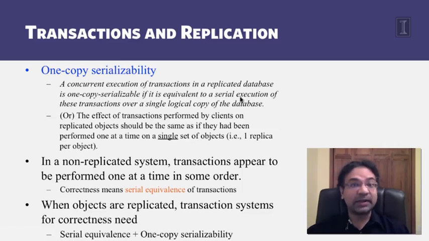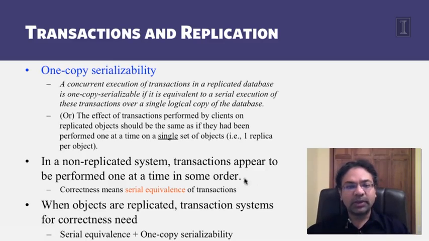When I say serial, it means a serial equivalence, right? Execution of these transactions over a single logical copy of the database. So it's as if you executed these transactions one at a time over a database where there was exactly one copy of each object. In other words, the effect of the transactions performed by the clients should be the same as if they had been performed one at a time on a single set of objects, that is one replica per object.